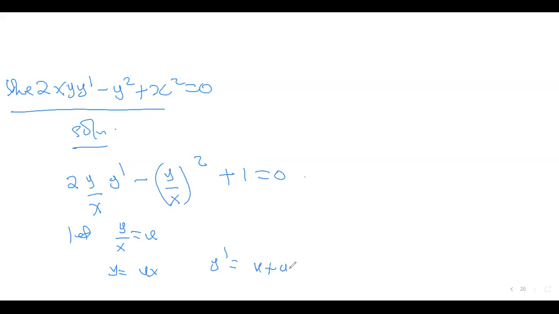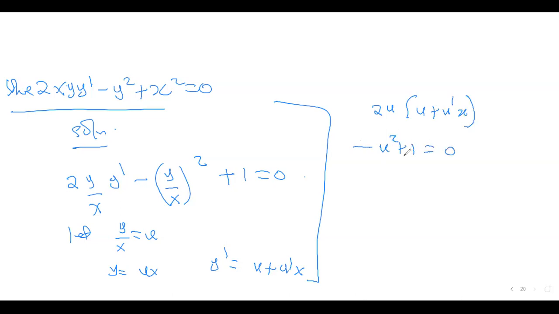When you perform a differentiation, you will find out that y dash is u plus u dash x. And when you make substitution, you'll have 2u into u plus u dash x minus u squared plus 1 equal to 0.